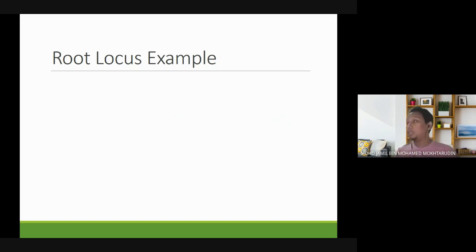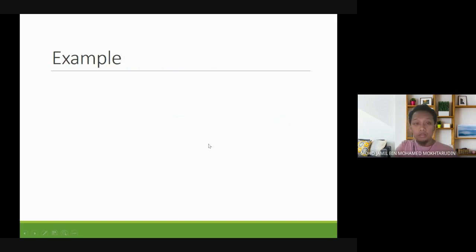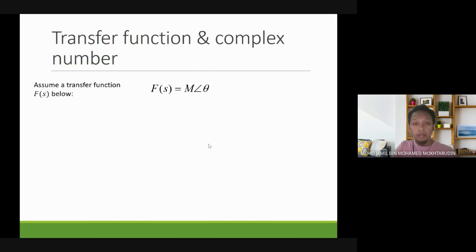Okay, so today we're going to continue on our lecture 4C regarding the introduction to root locus. On Monday, I explained a bit about the use of complex number to represent the transfer function.